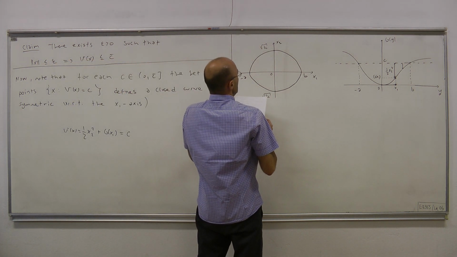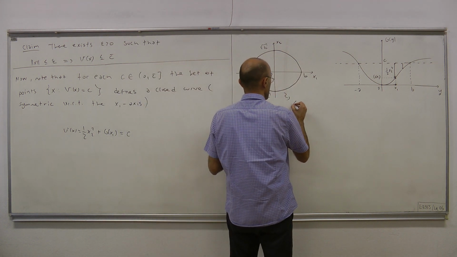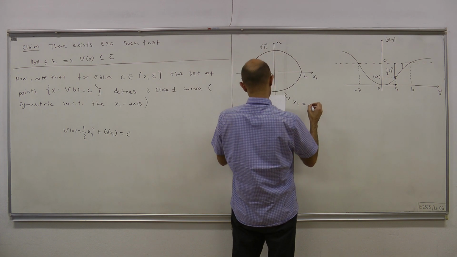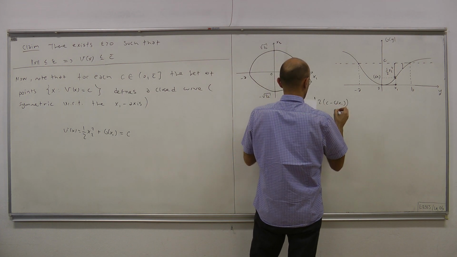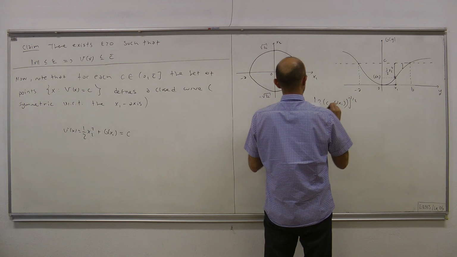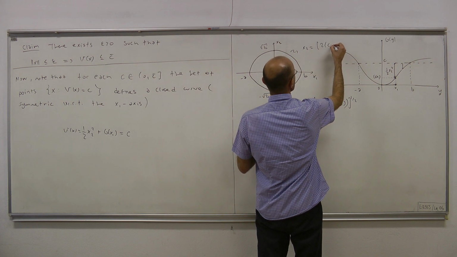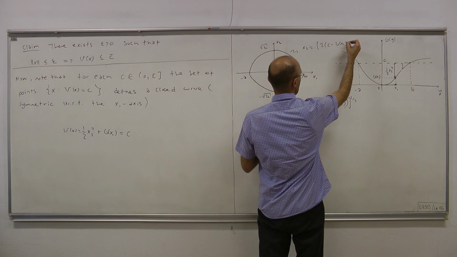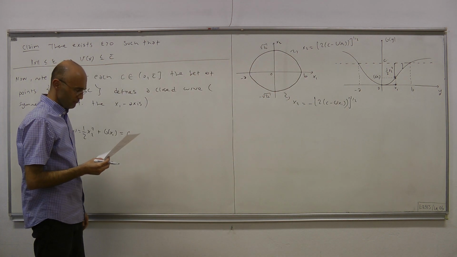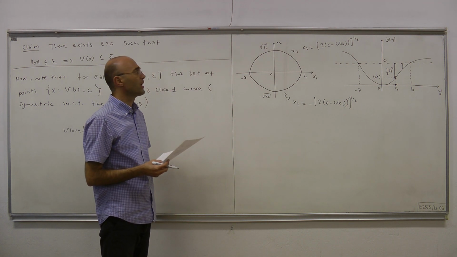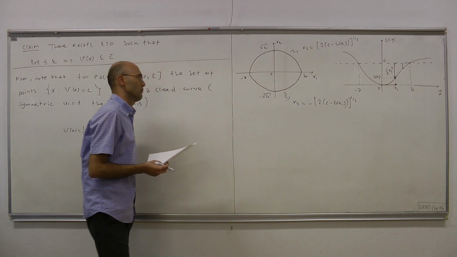And this lower part has the equation x2 equals minus the square root of 2c minus g of x1, and here this is x2 equals plus the square root of 2c minus g of x1. Okay, and this part is symmetric because of this x2 squared term.